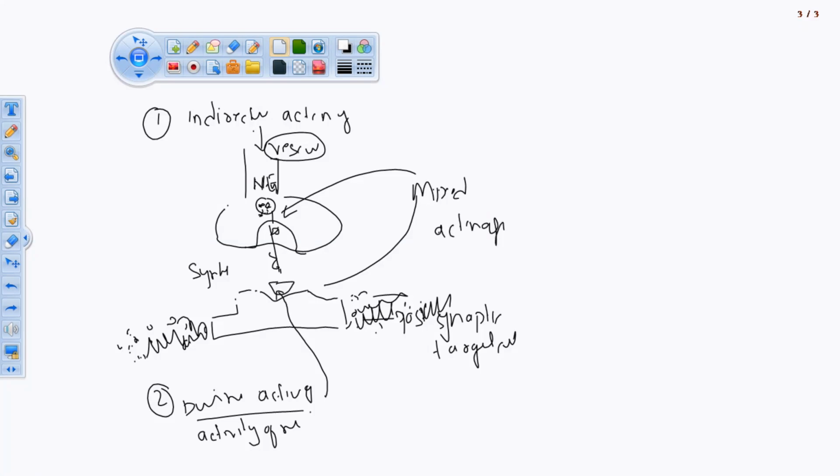Drug acts both directly and indirectly on the neuron. न्यूरॉन के ऊपर डायरेक्टली भी एक्ट करेंगे, they are acting indirectly also.